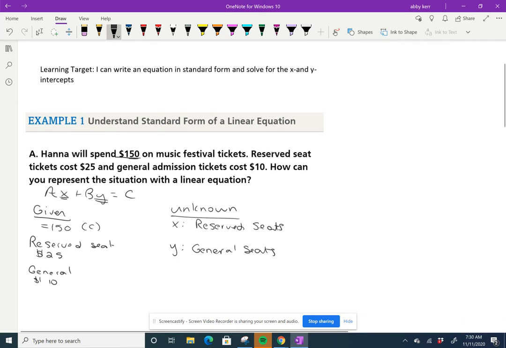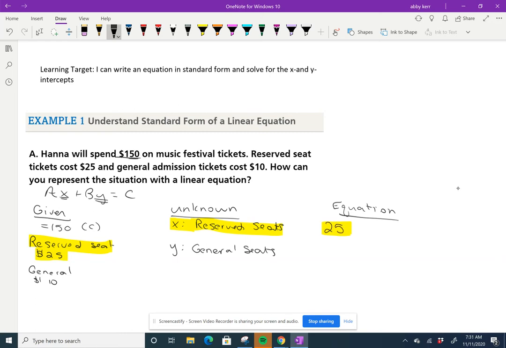Now the equation, we actually don't need to solve anything yet. This one is just building. So remember, it says reserved seats, and I made that my x. Now you want to go back to the given and see how much was each reserved seat. So for that, it's just 25x.